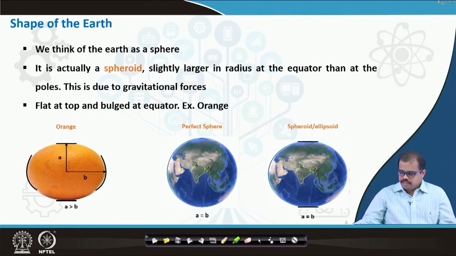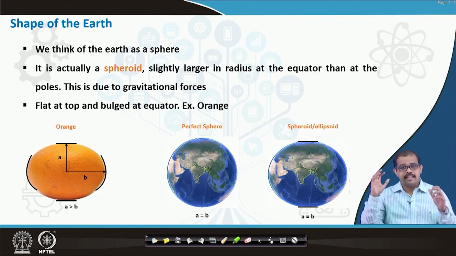So first let us understand certain very important aspects. When we normally look at earth, the way we are taught is that earth is a sphere, right? But when you look at earth's surface, earth is basically not a sphere, it's a spheroid.